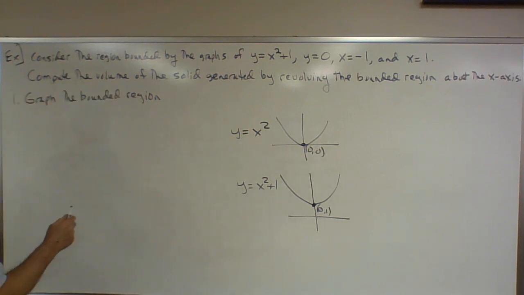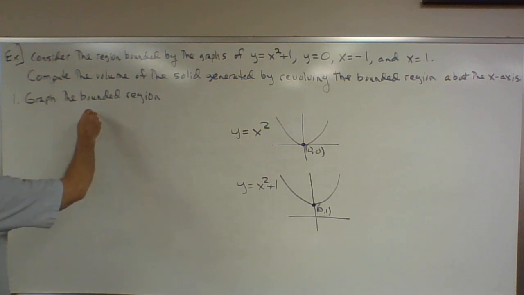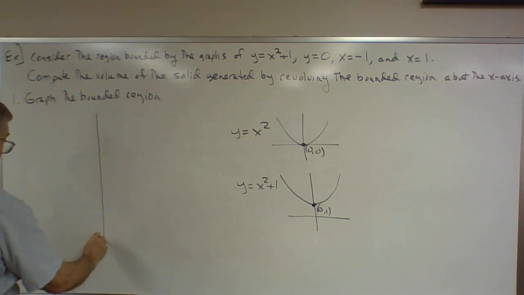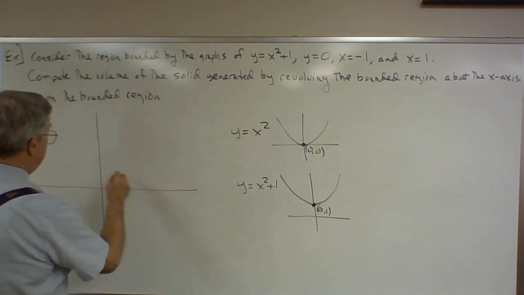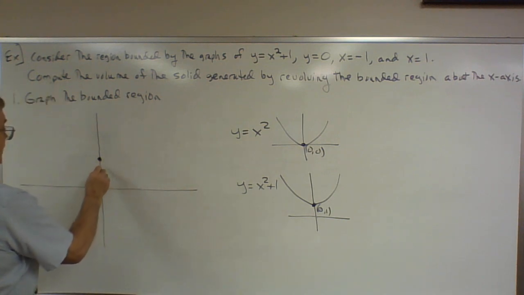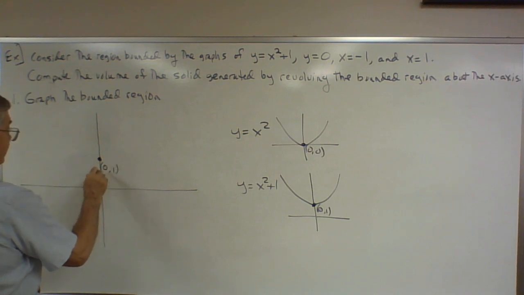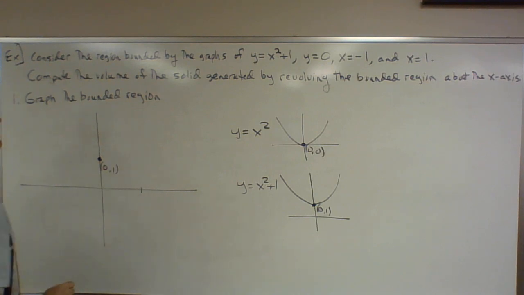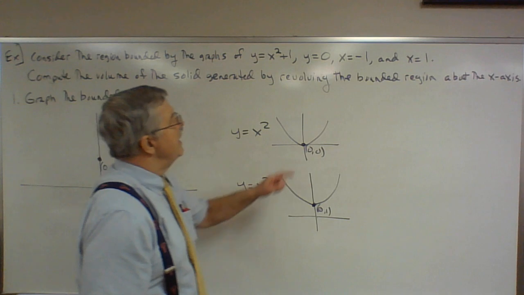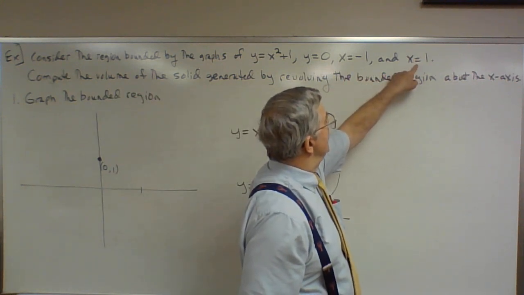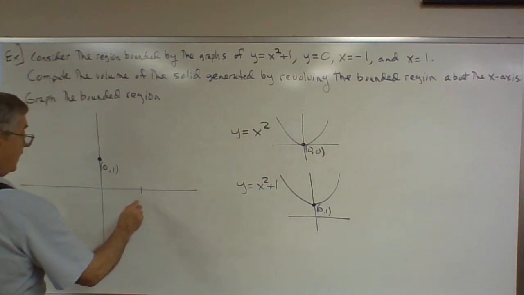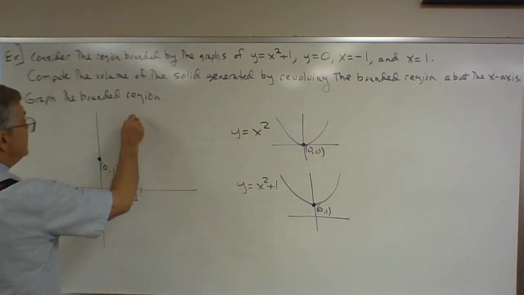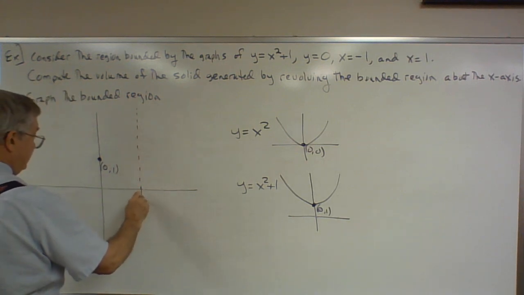And I will graph the region in earnest. Here's 0, 1. And x equals 1, that's a vertical line going through the point 1 on the x-axis.